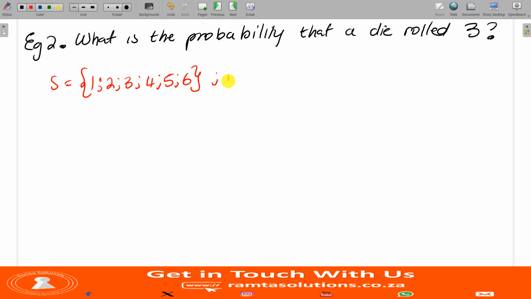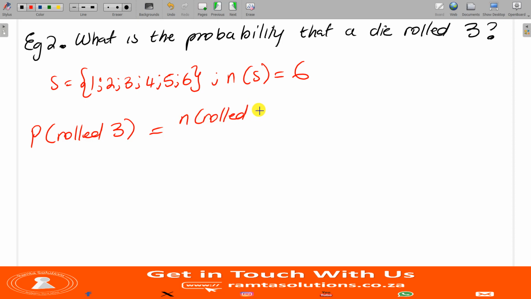So what is our sample space? Our sample space is 6. As you can see, there are 6 entries here, or 6 elements, right? Now, what is the probability that you rolled 3? The probability that you rolled 3 is the number of outcomes of rolling 3 over the sample space. When you look at your total outcomes, how many times do you see 3?